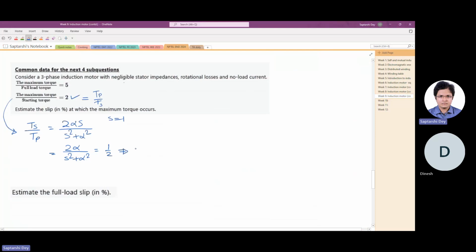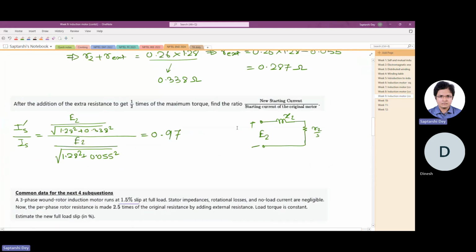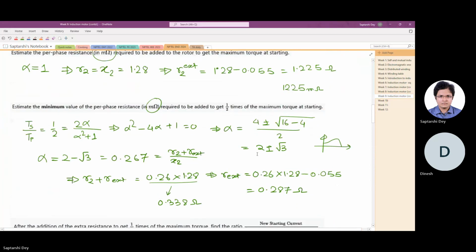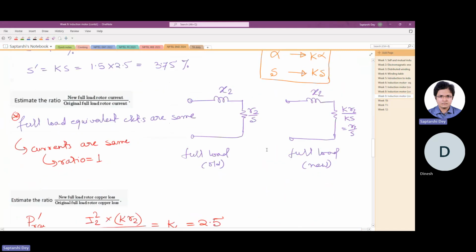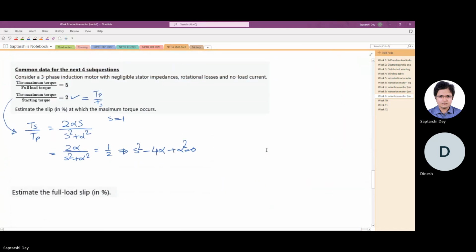So we have got the same equation that we got some time back. Oh, this is 1.